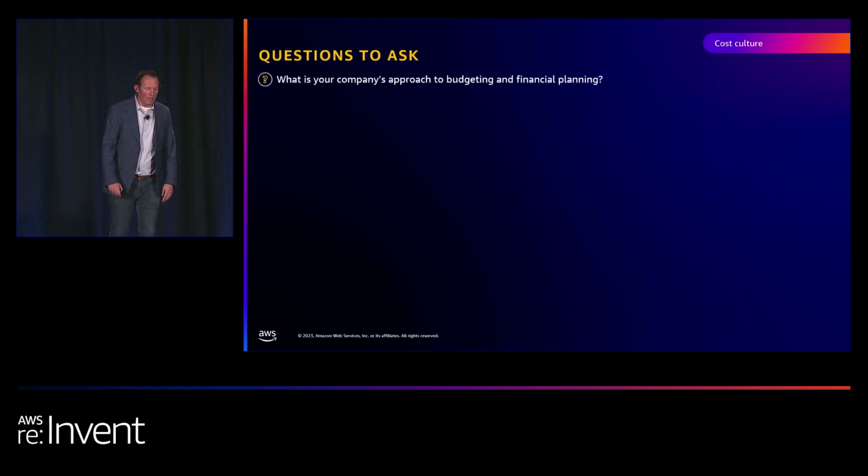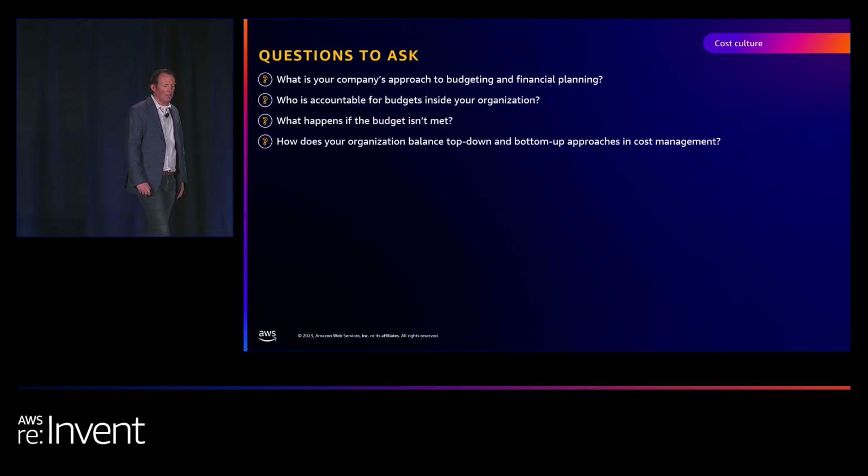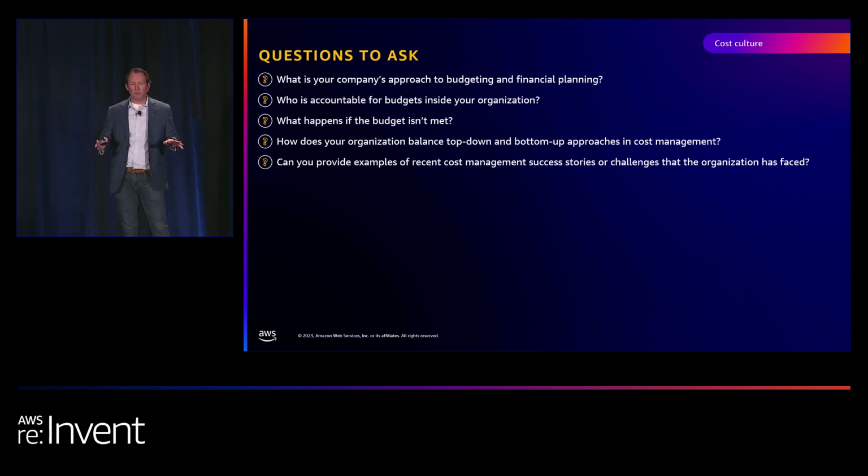I'll put it all up here. When I step into a company, you can imagine stepping into a company with no idea what it's like outside of what you read online, and you're trying to quickly assess the cost culture of the company. These are the questions I ask when I come in: who's accountable for budgets? Where in the organization does budget accountability exist? I always love the question that gets people squirming: what happens if you don't meet your budget?